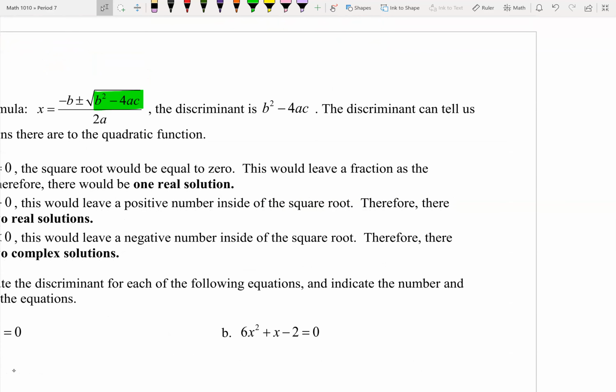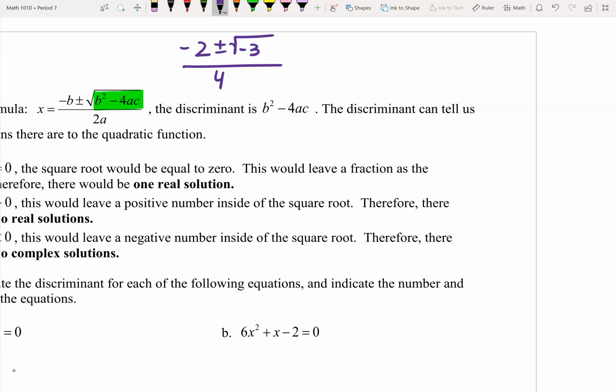Everybody watch. If I had -2 plus or minus the square root of -3 all over 4. What if that b squared minus 4ac was negative? How many solutions would I have? I'd have 2 because of the plus or minus, right? Would they be real or would they be imaginary?